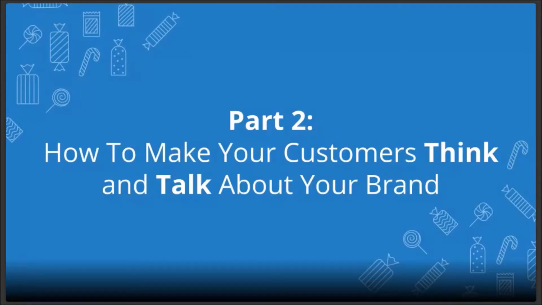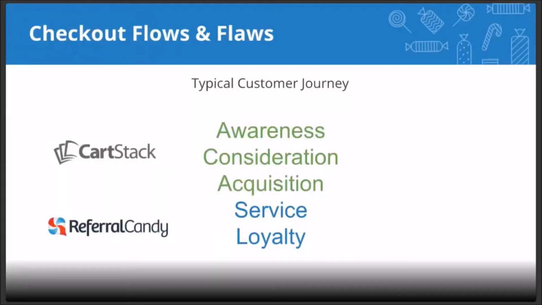All right, so let's dive into the second part on how to make your customers think and talk about your brand. I'm going to go back to this slide that I really like from Colton that describes a typical customer journey. So you have awareness, consideration, acquisition. Acquisition is the moment that you acquire the customer, they make a purchase, and they become your customer. But what happens after that?